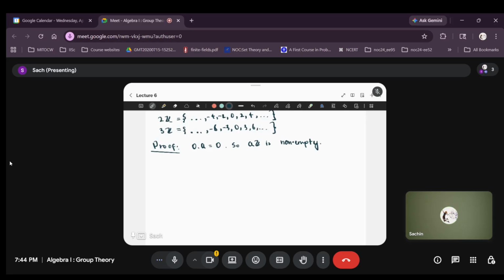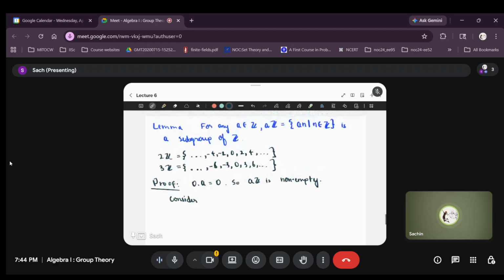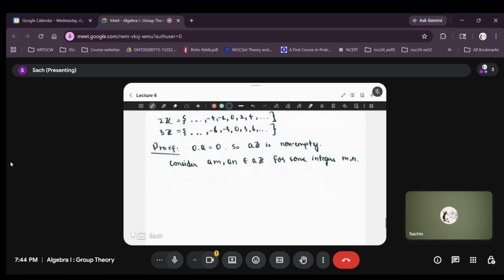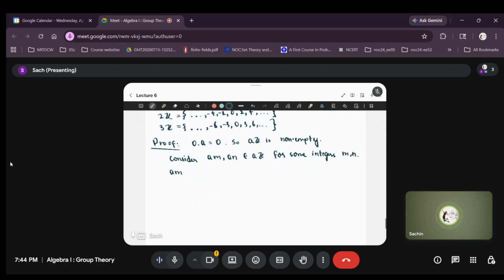Then consider two elements of aZ, am and an, for some integers m and n. am plus an is simply equal to a times m plus n.